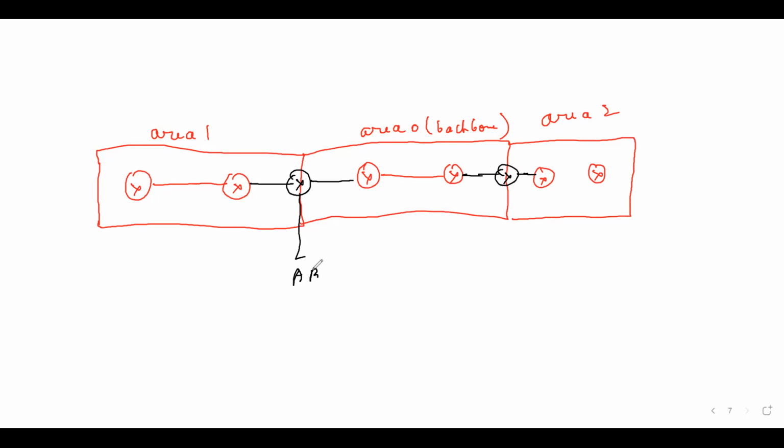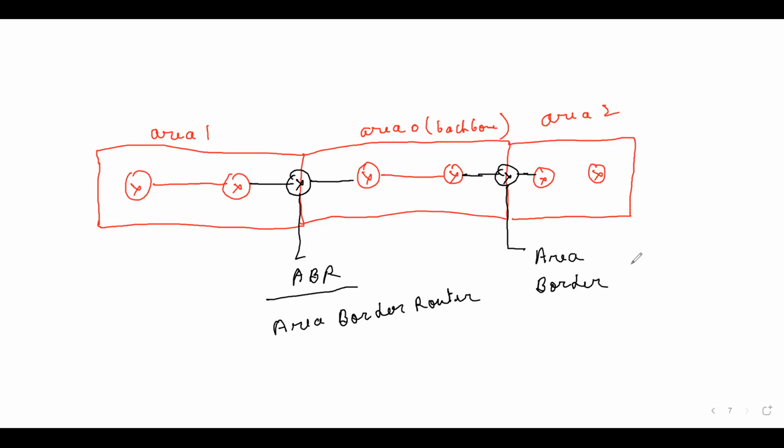So every area will connect with a border router. That is ABR, area border router. Its name explains everything. It means it's connecting two areas. And the same thing here, an area border router. I hope now you understand what I want to say.